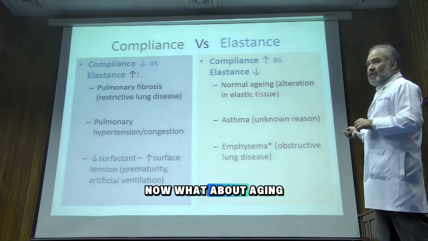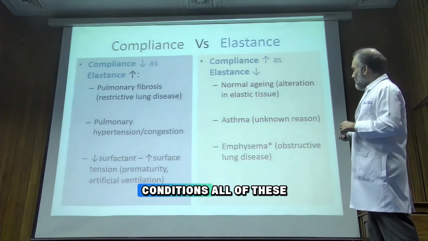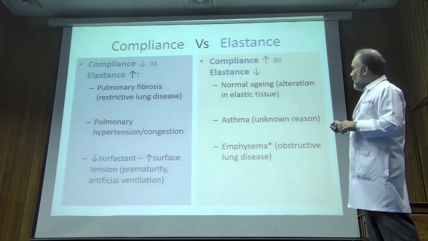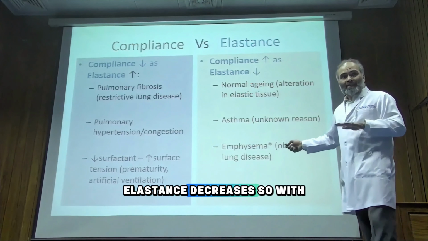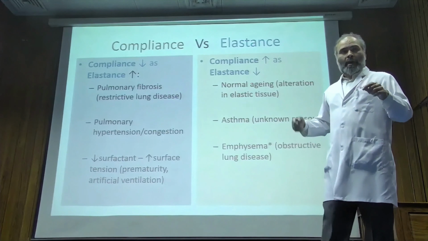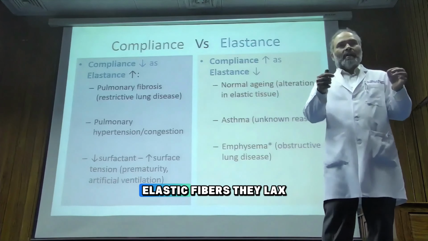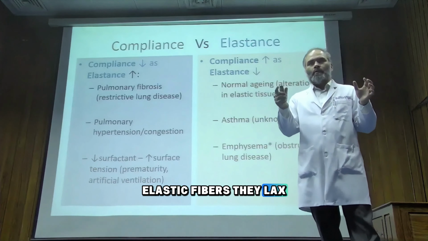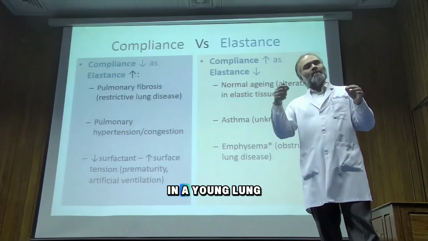Now, what about aging? With aging, remember all of these conditions, all of these three things, this is the key. Compliance increases, elastance decreases. So with age, as the old sock example, the elastic fibers go lax, right? They are not as taut as they are in a young lung.